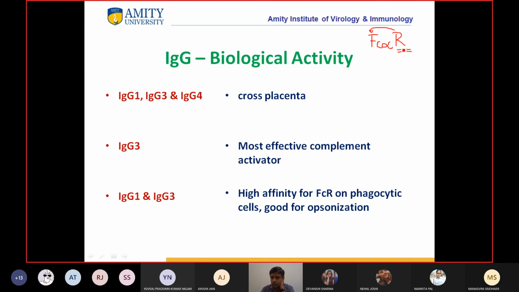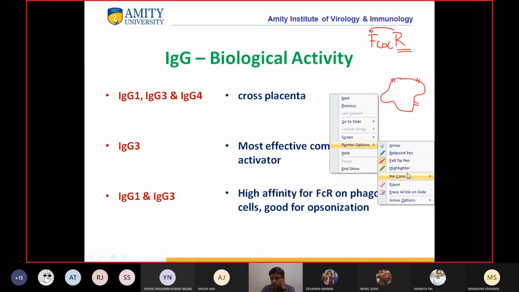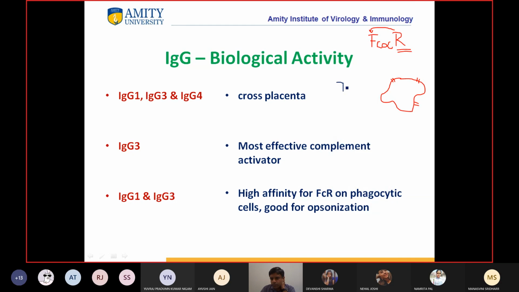So where would this receptor be? This receptor would be on a phagocytic cell, right? Suppose you have this phagocytic cell. The phagocytic cell will have a receptor, right? To this receptor, what will bind? Antibody will bind. Okay, so let me change the color of antibody. So now you have an antibody, right?